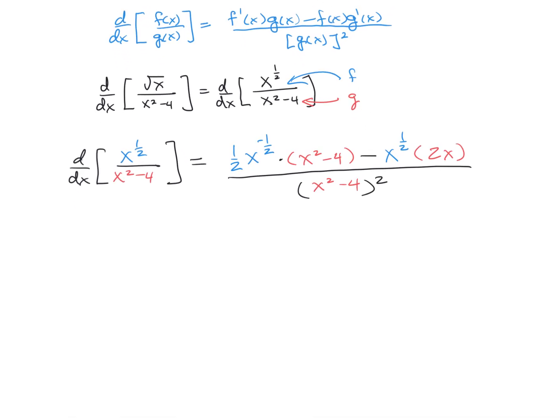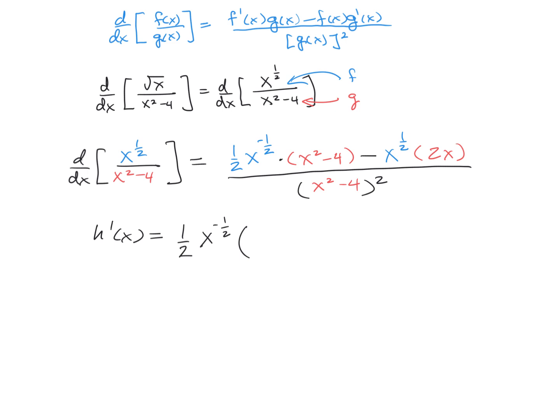All right, so let's go ahead now and simplify this. This derivative is called h prime of x because that was our original function h. And what we can do in this problem is factor out a 1/2, and we can factor out an x to the negative 1/2 power, and see what we're left with.